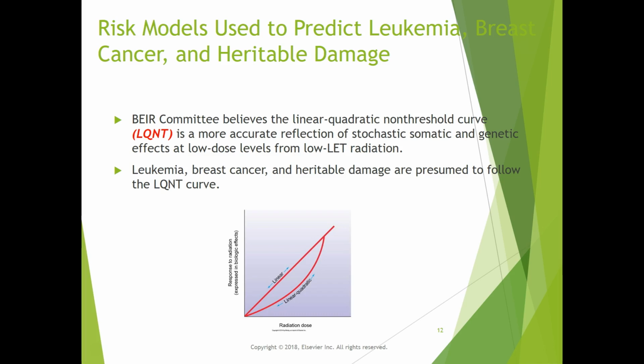However, the LQNT curve is the most accurate reflection for leukemia, breast cancer, and some inherited effects. Okay, and what I need you to remember for your test is that the LQNT curve is associated with leukemia and breast cancer. All other cancers are associated with the LNT curve.